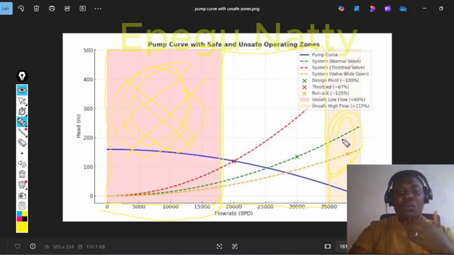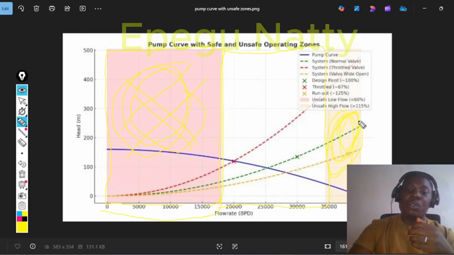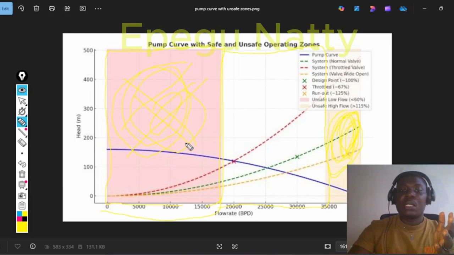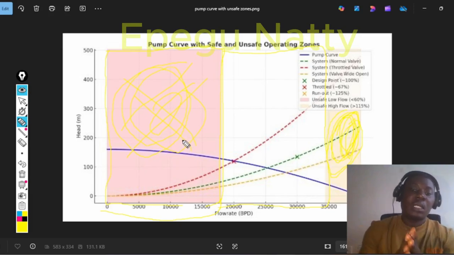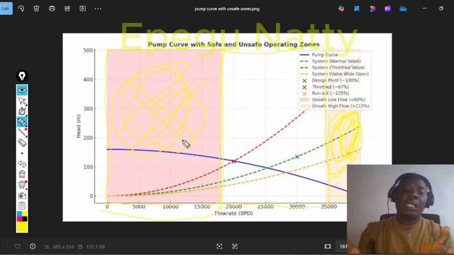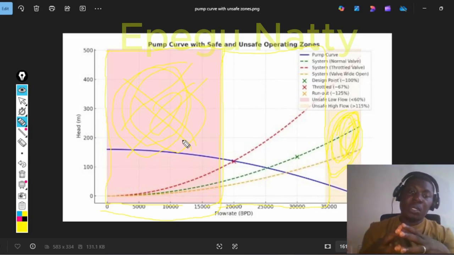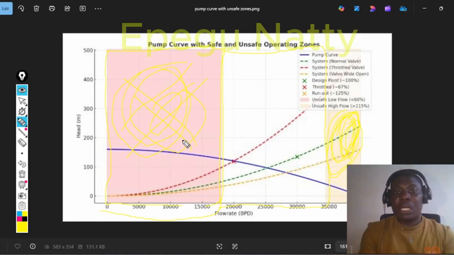Your pump motor is going to overload. So this is also not a good region. Try not to operate at this region. And I believe this decision is made by the plant manager. You need to advise. The plant manager should be able to advise the management that refining at 60% capacity is not safe for the plant, and also refining above 115% capacity.